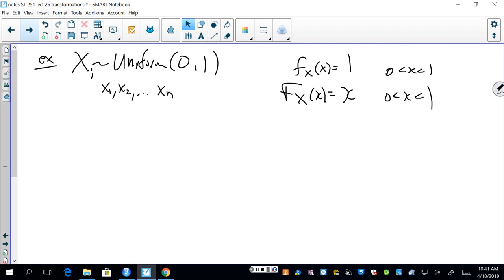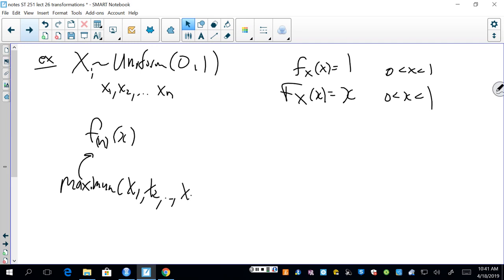And what then is the density of the maximum? We're going to take the maximum of all of these things. What's the probability density for the maximum?